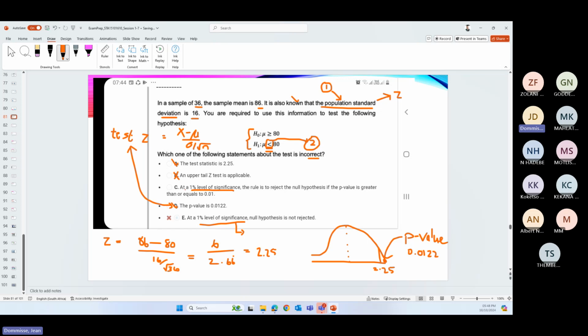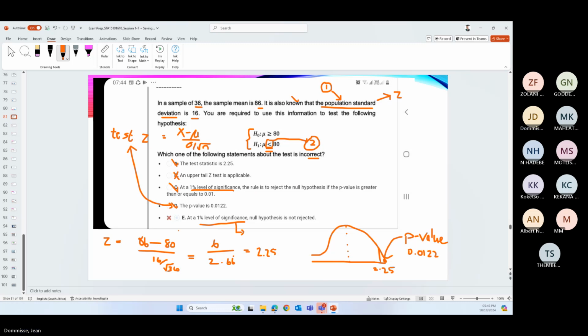So let's go to the level of significance. At a 1% level of significance, the rule is to reject the null hypothesis if the p-value is greater than or equal to 0.01. Okay, so that is true. We will accept the null hypothesis if it is within. If it is outside, we will reject.